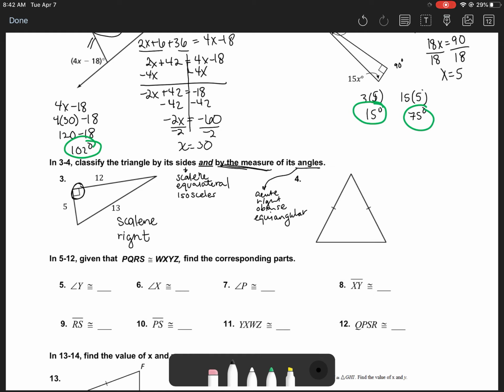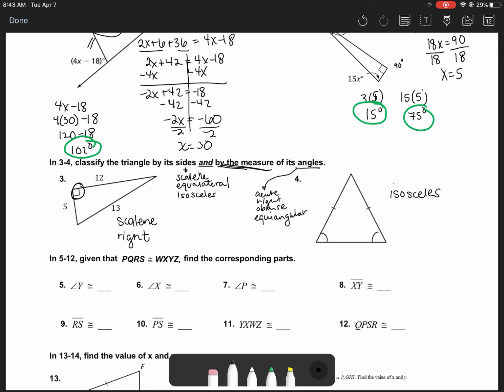For the second one, I have two angles that are the same. Those two angles, I have two side lengths that are the same. So with two side lengths that are the same, I know this is going to be isosceles. That's what isosceles means. And if I think about an isosceles triangle, I also know that I have two angles that are going to be congruent, but that doesn't really do anything.